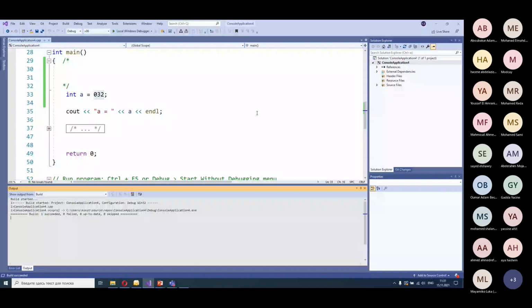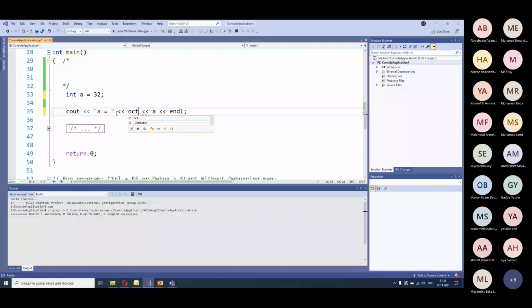Okay, and vice versa. Let me show another feature, another trick. You can write here the keyword oct, and after that, this number A will be output to the screen in the octal system of notation.